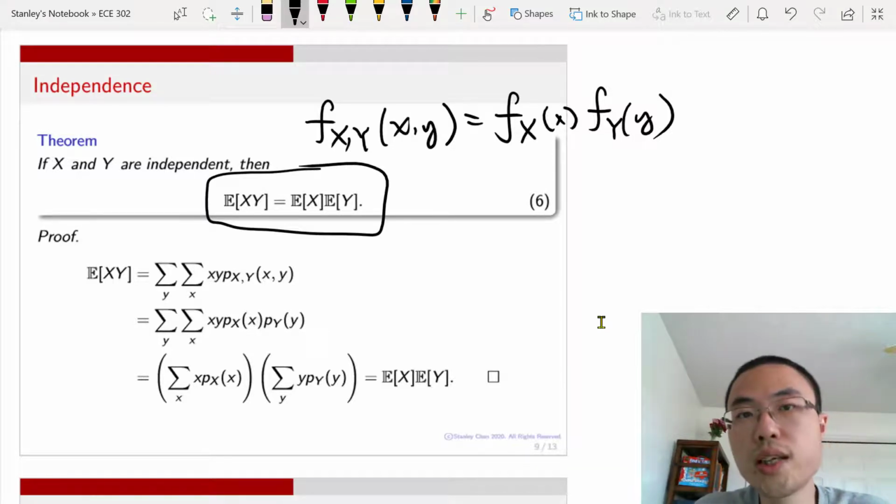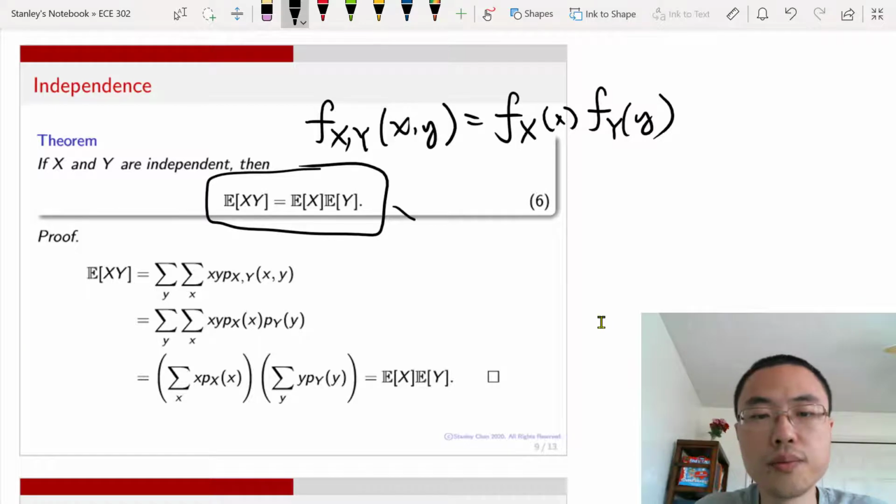What is the implication? The expectation of x times y equals the expectation of x times the expectation of y. This means that the covariance of x and y would be 0.